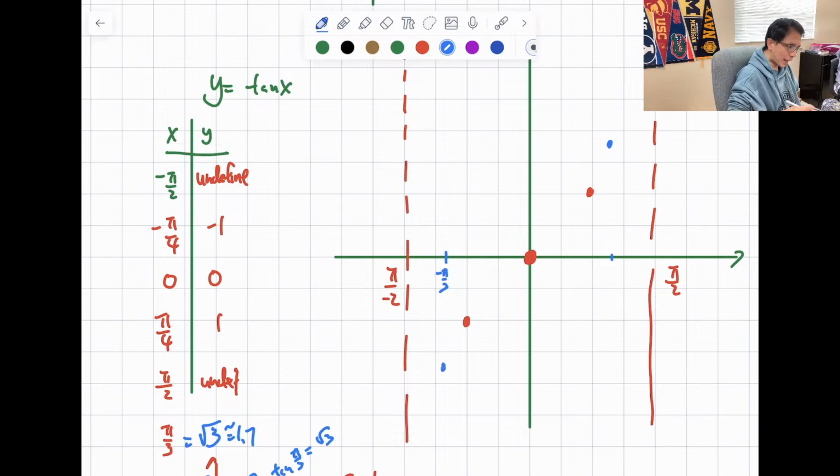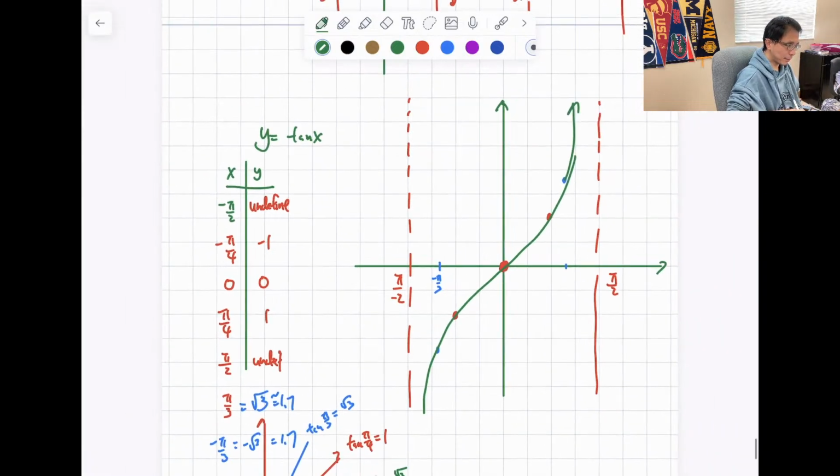So it turns out I only need a few points, but the closer you get to pi over 2, the higher the y value gets. So that means it's actually going to create an infinity situation. So it's going to actually go like this. Oops, my bad. So it's going to be like this.